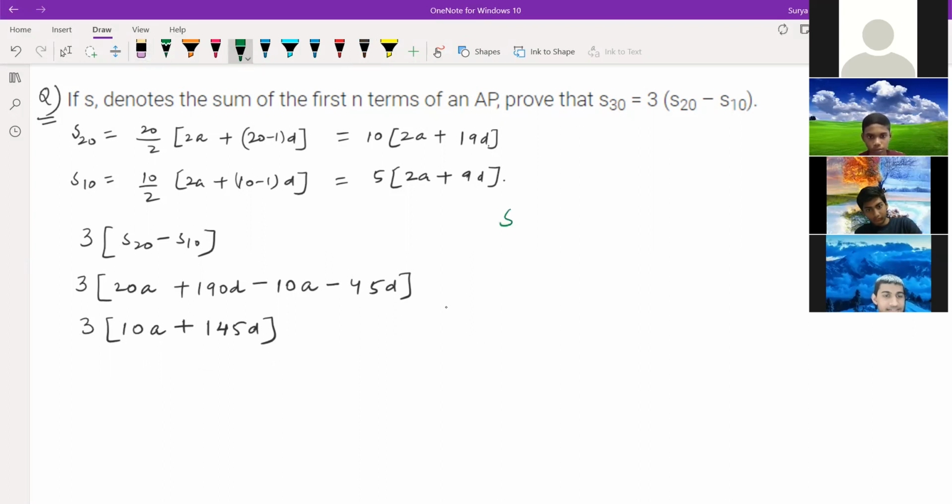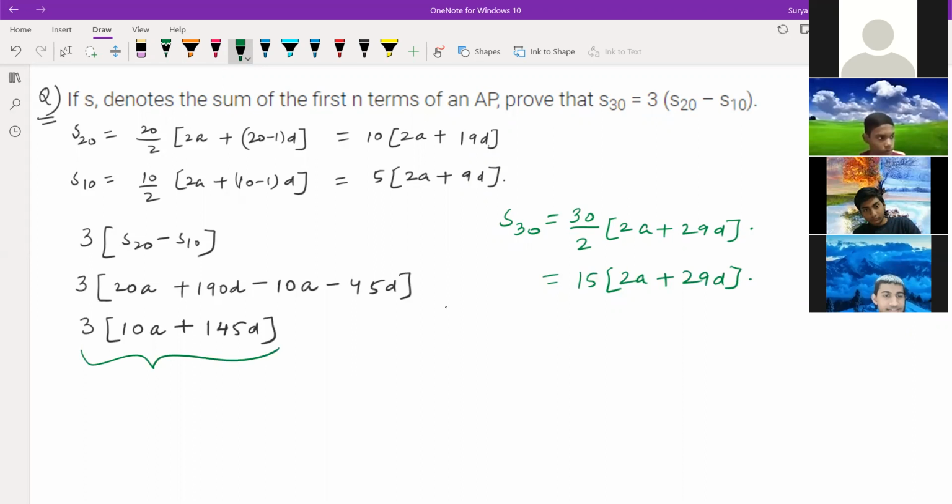So if you multiply 3 inside, what will come here? S30 is nothing but 30 by 2 into (2a plus 29d). This should come, right? It's nothing but 15 into (2a plus 29d). What do we take common here? You can take common 5 from both sides, so it will come 15 only.